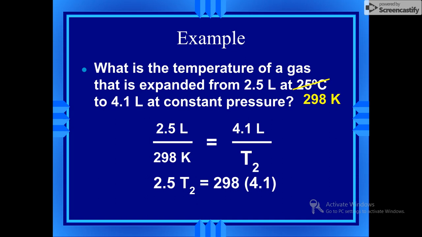Then we're solving for T2, so we divide both sides by 2.5, and we get that T2 is 489 Kelvin or 490, whichever one. Either one will be fine.